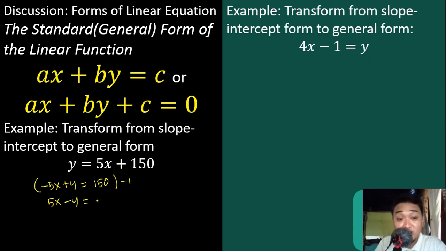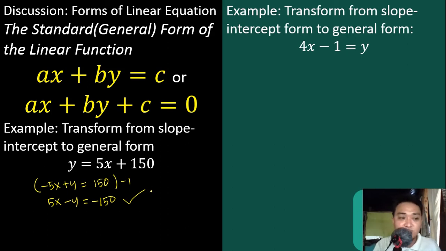And that will be equivalent to 150 times negative 1 is negative 150. Yan po. Ito, naka-general form na yan or naka-standard form na yan.